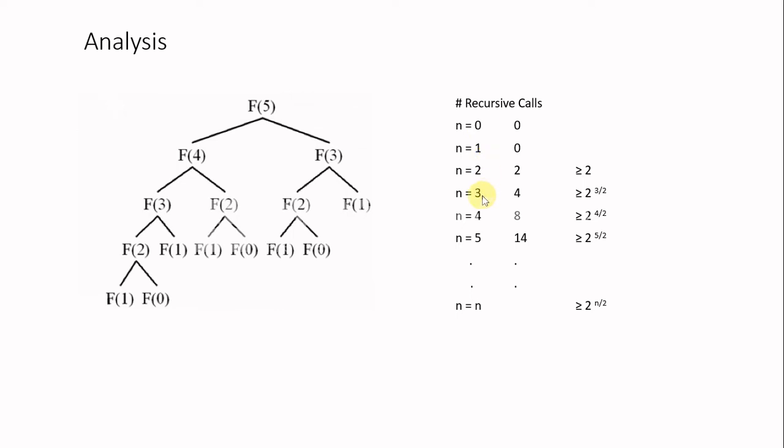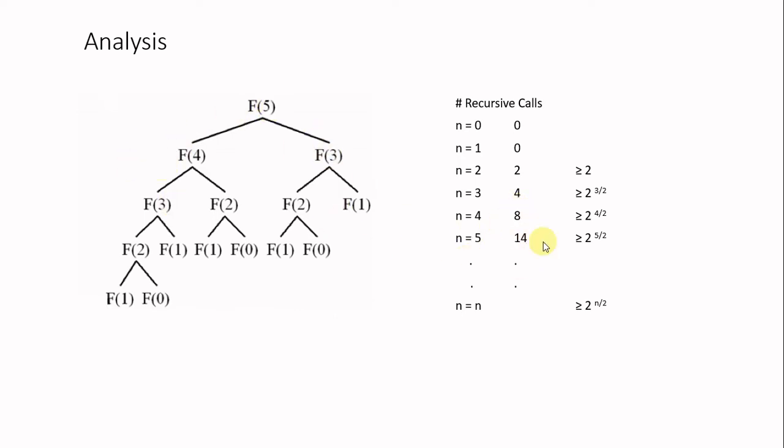When n is equal to 2, what happens? f1 and f0, two recursive calls. When n is equal to 3, it calls f2 and f1, and f2 in turn calls f1 and f0. So there are 4 recursive calls. When n is equal to 4, how many recursive calls? 1, 2, 3, 4, 5, 6, 7, 8. So 8 recursive calls. When n is equal to 5, we have 14 recursive calls, and so on.